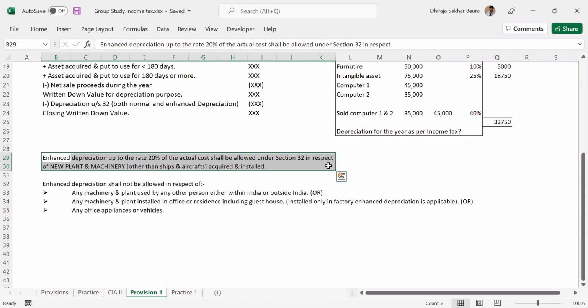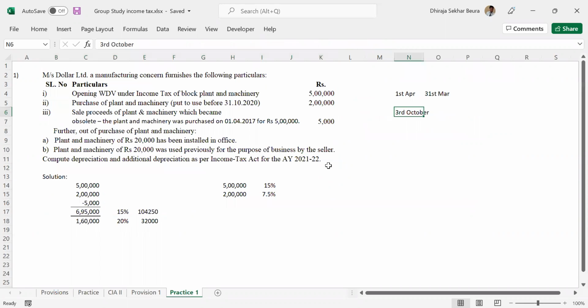Other than these, I don't think anything else is important for us. Now that we have read through this, let's look at the question again and the last 2 points. Further, out of purchase of plant and machinery, 20,000 has been installed in office. Would you get additional depreciation on this 20,000?